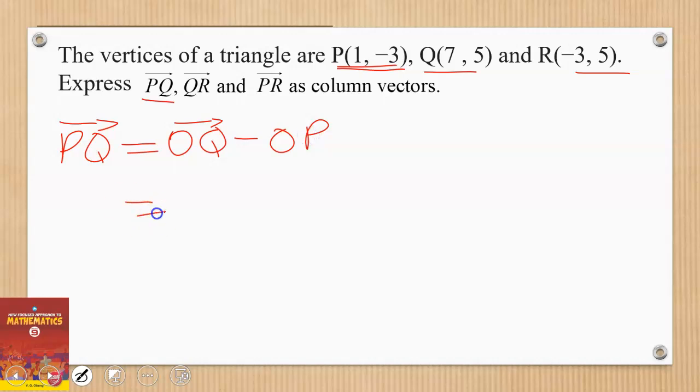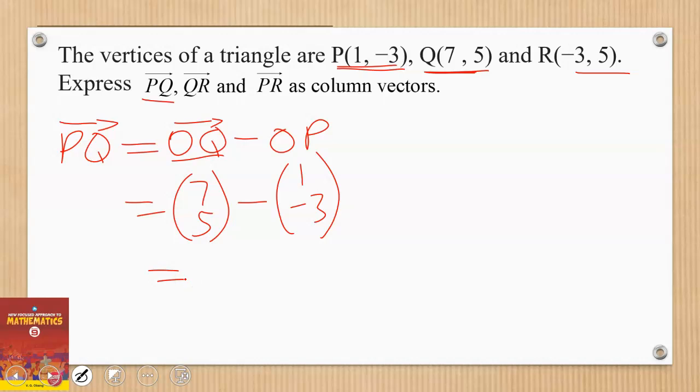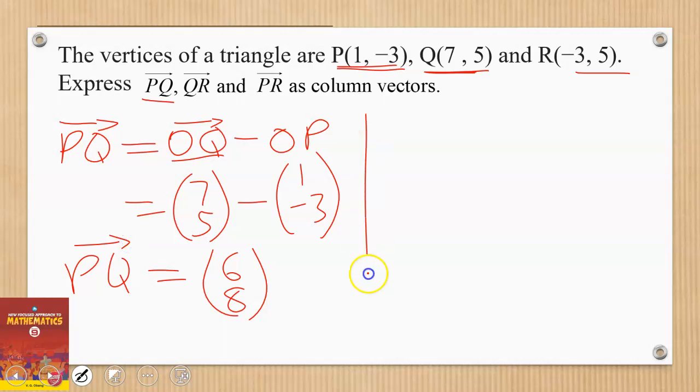Because Q is a point, when you make it a vector, it becomes OQ, which can be written as 7, 5 minus P, which is 1, negative 3. When I simplify this, I'm going to have 7 minus 1 is 6, whilst 5 minus negative 3 will give us 8. So the vector PQ can be written as this.